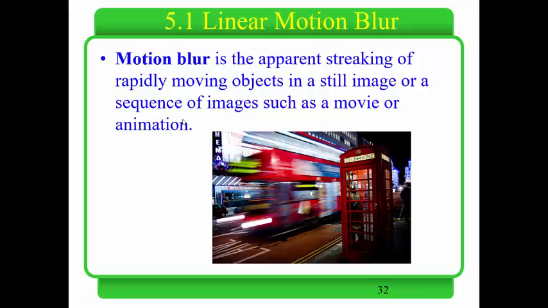I will find that the things that are fixed will appear clearly, but things that are moving will be subject to the effect of motion blur. Like here, for example, I have a bus that is moving in the background, but the things that are fixed, like this phone cabin, these buildings, and this man here, appear clearly. So this effect is called motion blur. Can I simulate this kind of blurring in MATLAB? Yes, I can, as we'll see later.